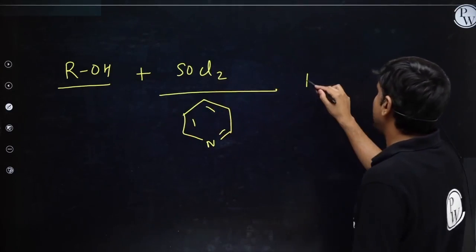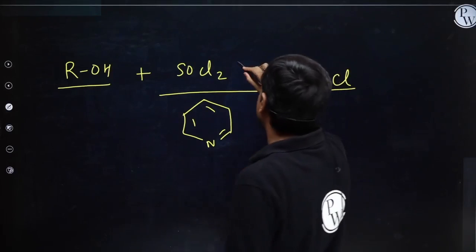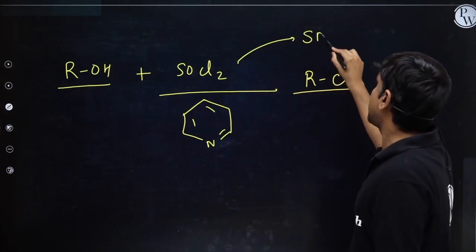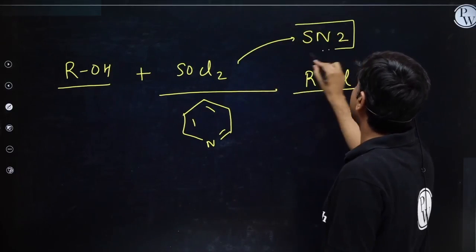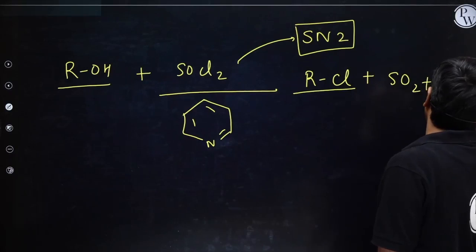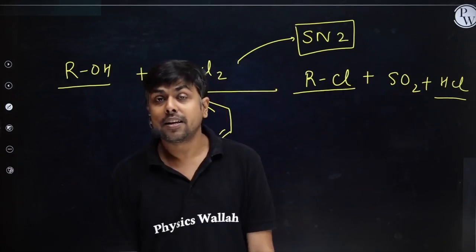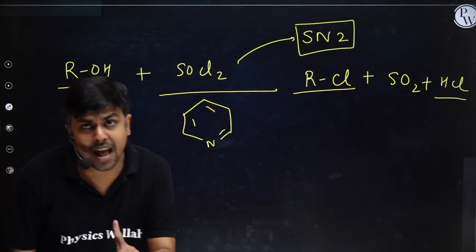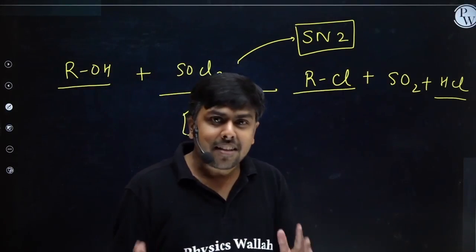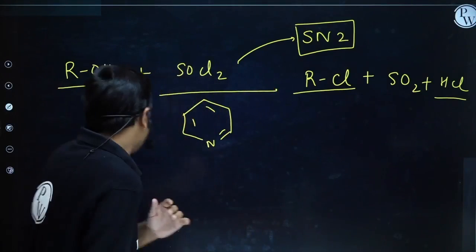Here, students, the product which we get is alkyl chloride only, but here the reaction occurs via SN2 pathway. The byproduct is SO2 plus HCl. Am I clear? So these are the different reagents with the help of which we can synthesize alkyl halides from alcohol.